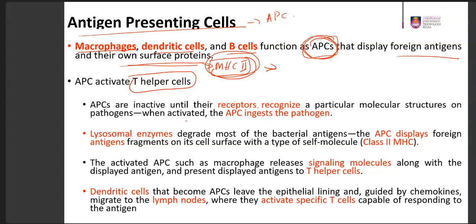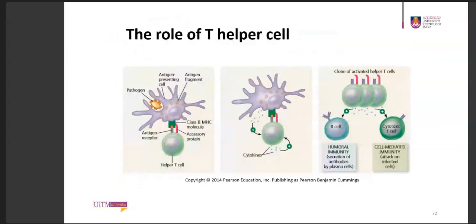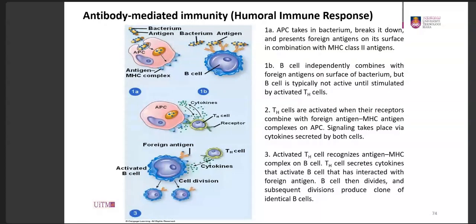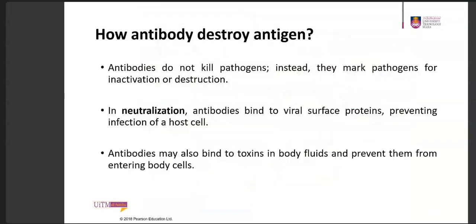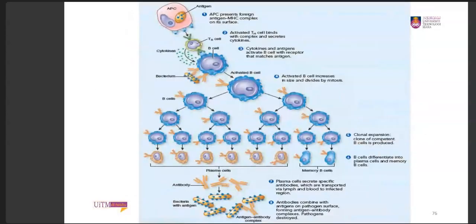Alright, so APC are originally inactive, until their receptors recognize a particular molecular structure on a pathogen, and then when activated, the APC ingests the pathogen. Here it is internalized, engulfed, by a macrophage. For B cell, it is not in this picture.